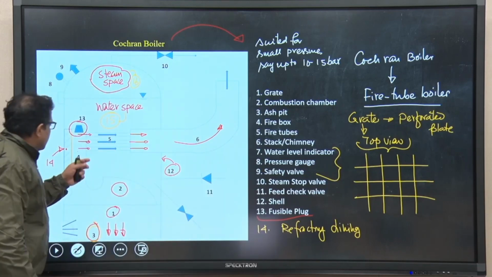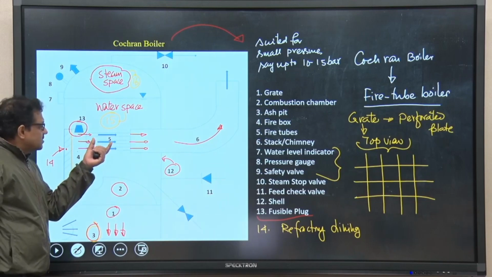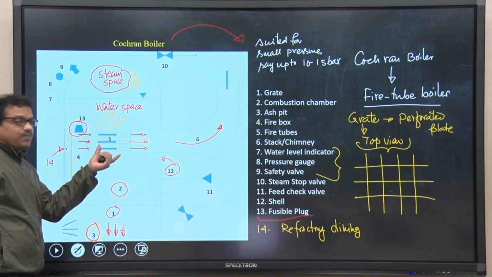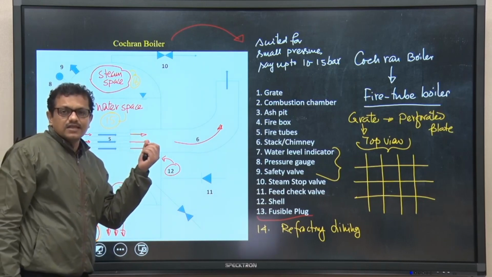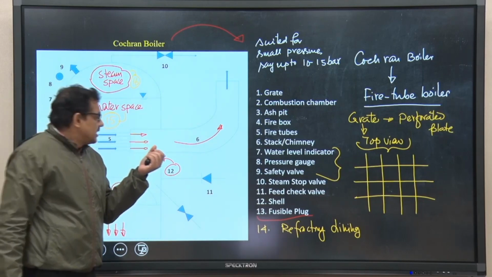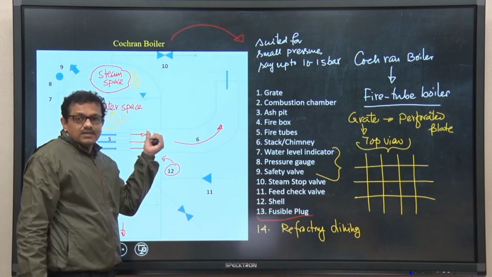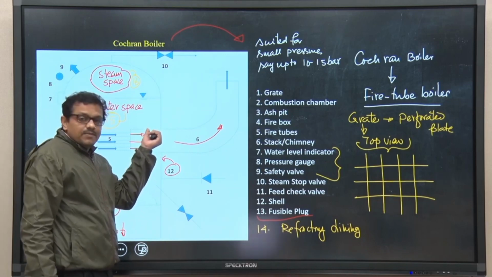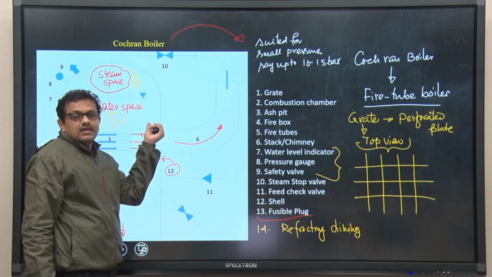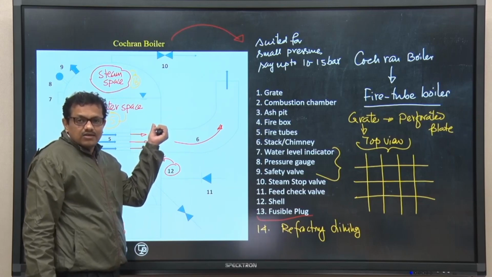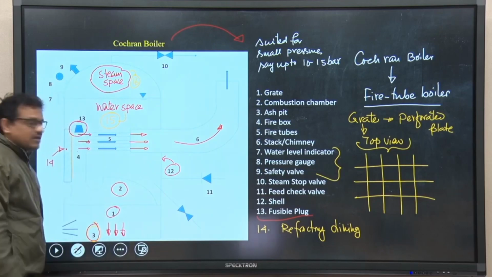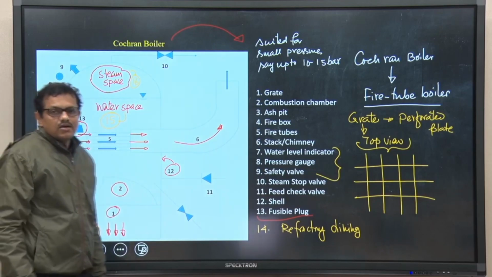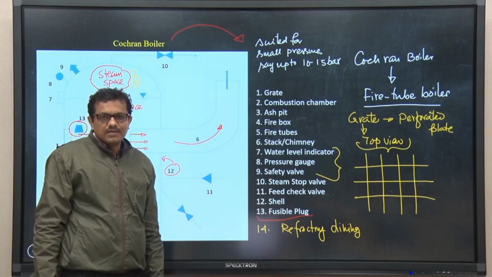As I told you, it is not advisable that all these components be exposed to high temperature steam. If that is the case, then at that high temperature there is a possibility of thermal cracks in the components, and that is very detrimental for boiler operation as well as from the boiler safety point of view.